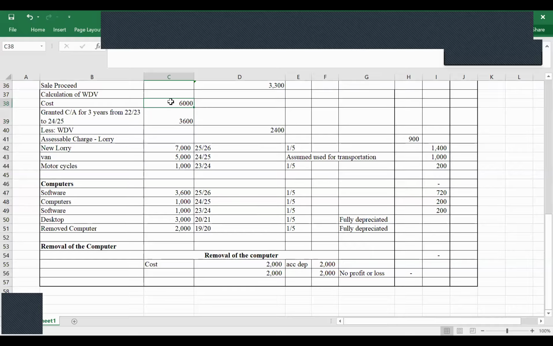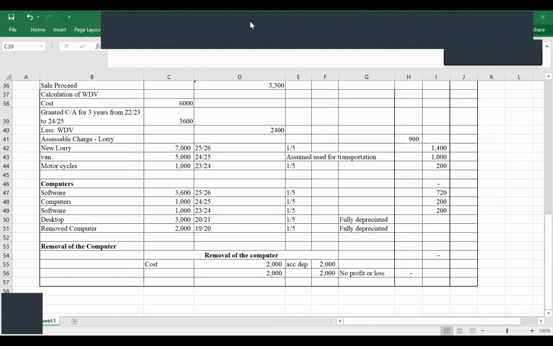For 1 year, what is the amount of capital allowances? 6,000 divided by 5 to consider 1 year's capital allowances. For 3 years we have already granted, that is why I multiplied it by 3. Or you can directly calculate written down value by multiplying this amount by 2. So this is how 3.6 million has arrived.